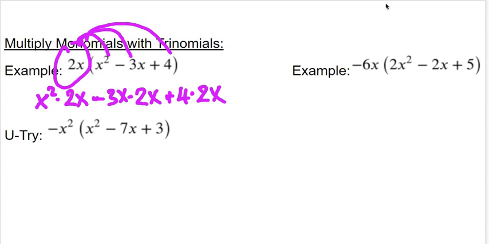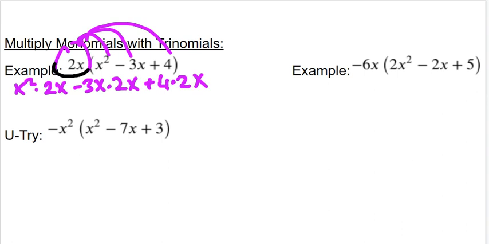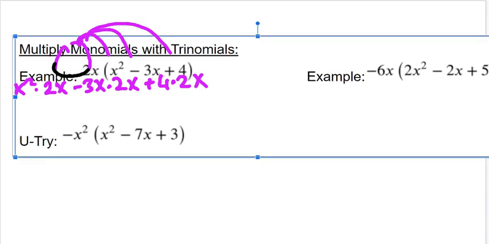And we can find our answer. After distribution, we're going to multiply x squared times 2x is 2x cubed.